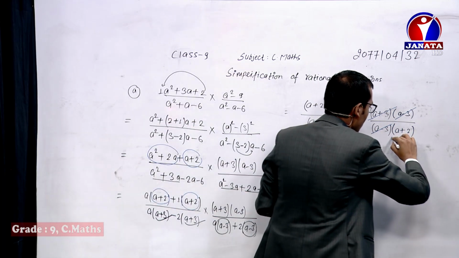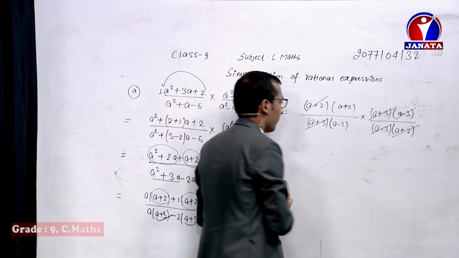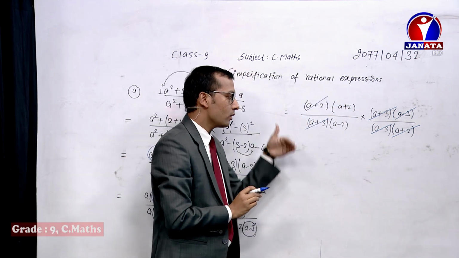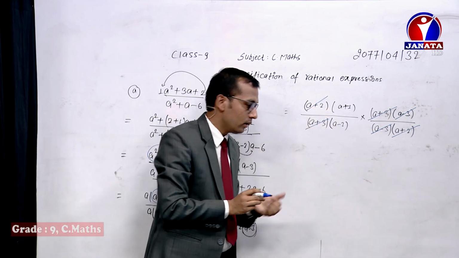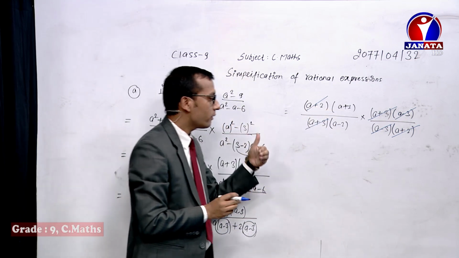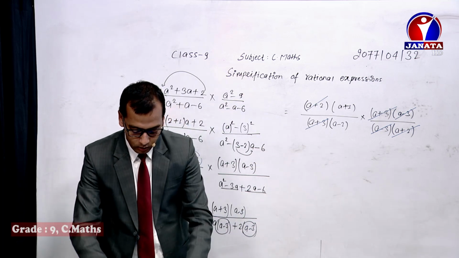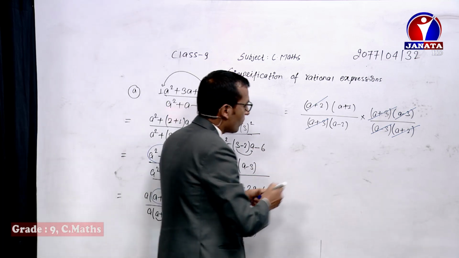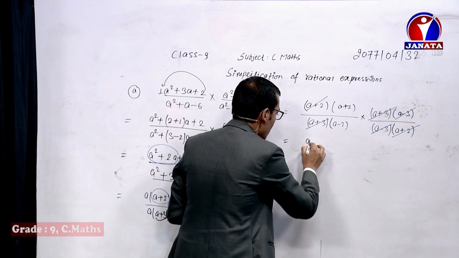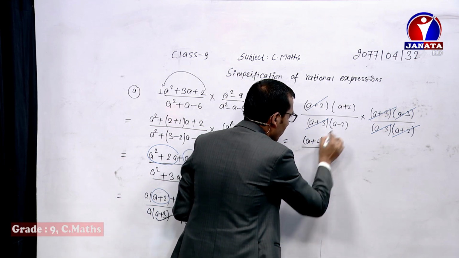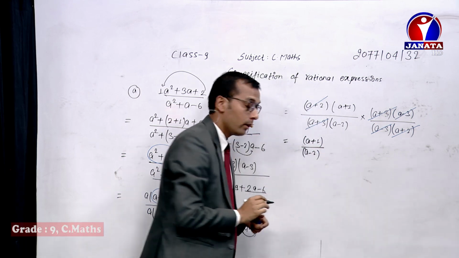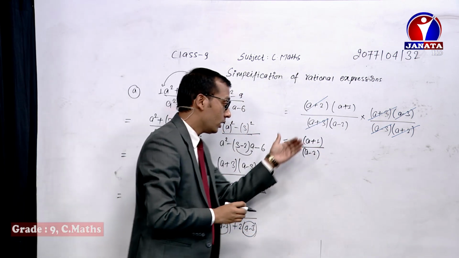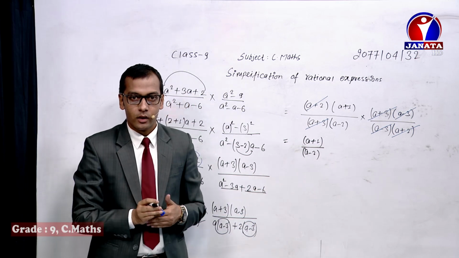We can also see a plus 2 is common. So we cancel out the common factors from the numerator and the denominator. Now what are the factors left? The factor in the numerator is a plus 1 over the denominator a minus 2. So this is the final answer in lowest terms.